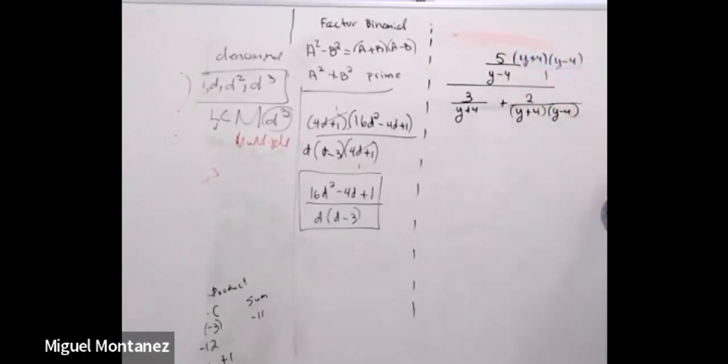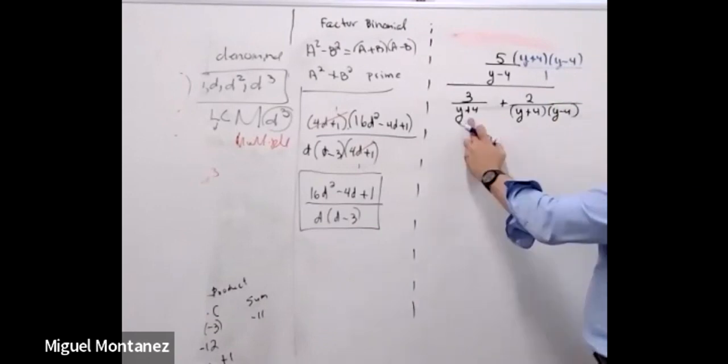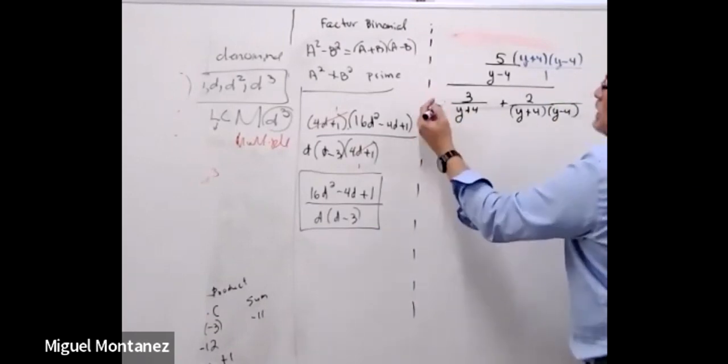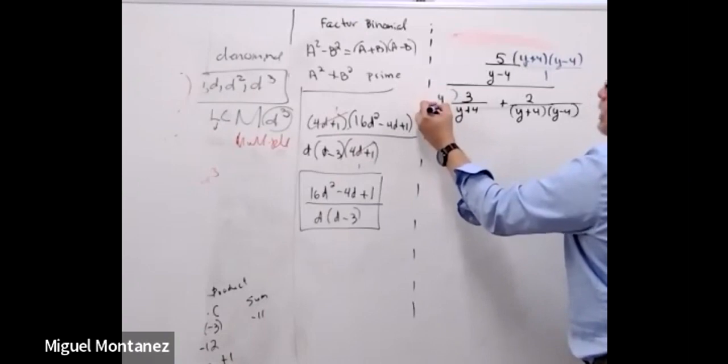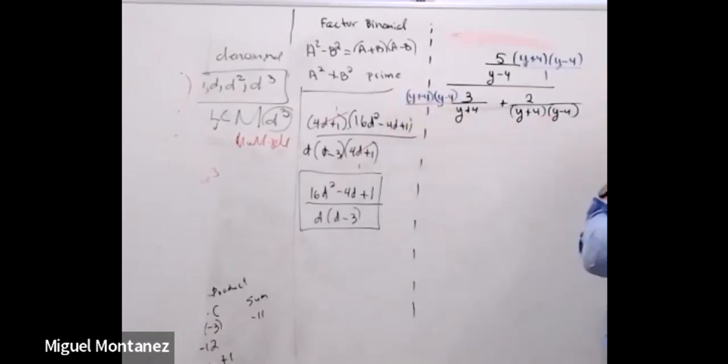This is over 1. So we don't get tempted to multiply top and bottom. I always tell my students, write it over 1. It looks ugly, but put it over 1. It's better to be ugly and correct than beautiful and incorrect. The same thing here. We multiply this one by y minus 4 times y plus 4 over 1.